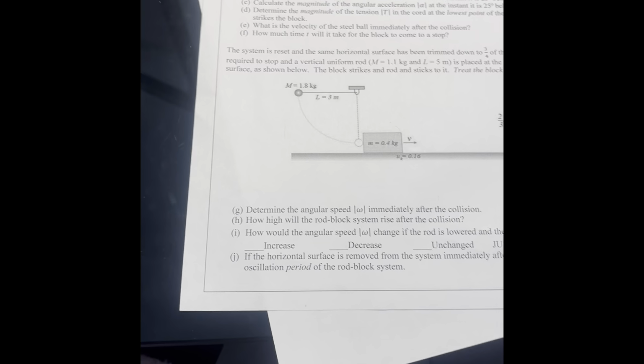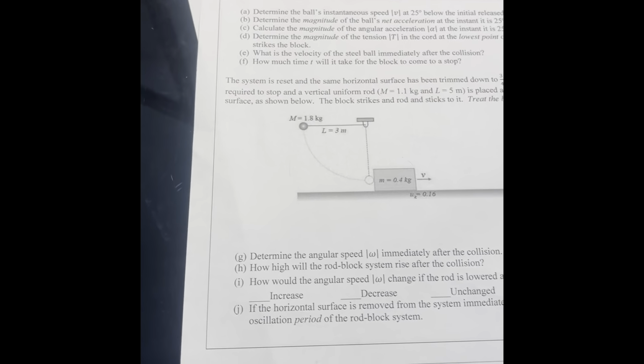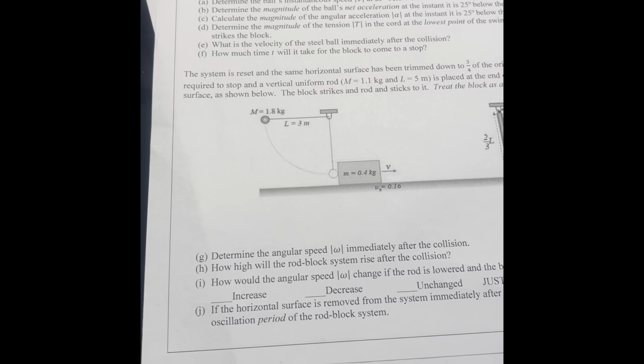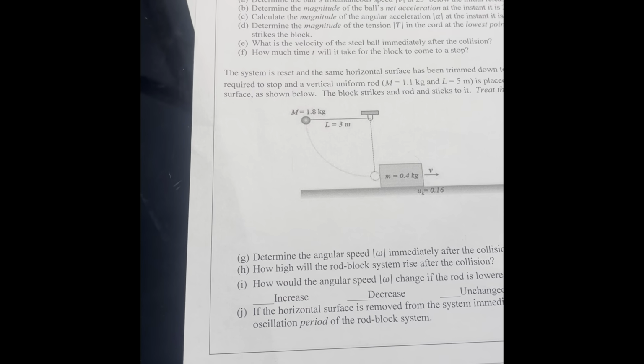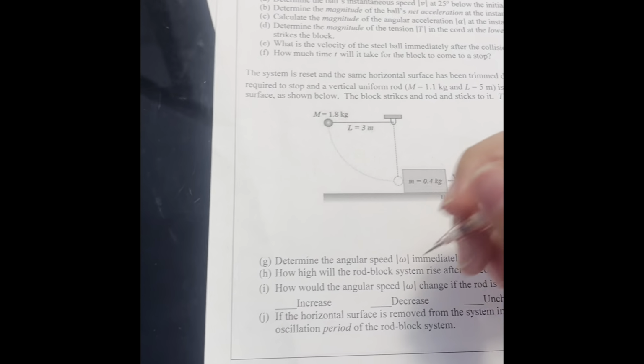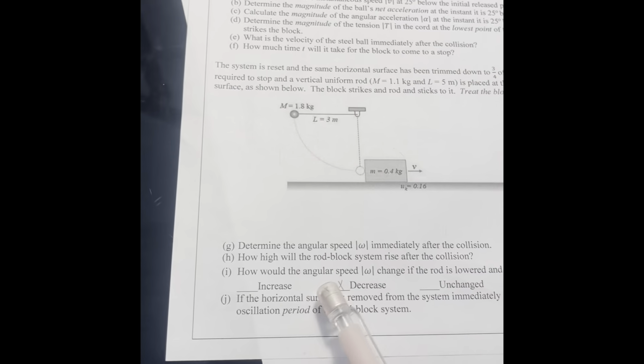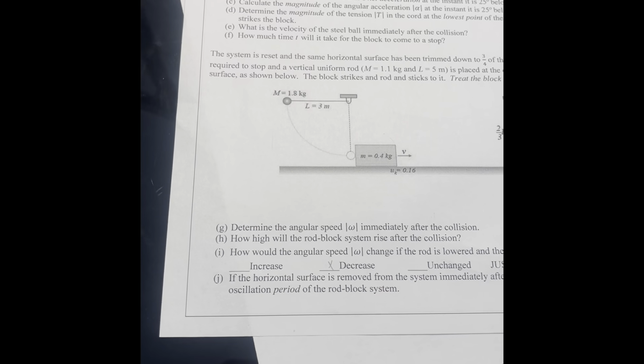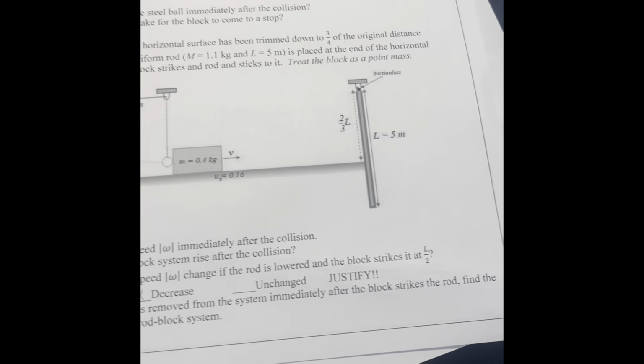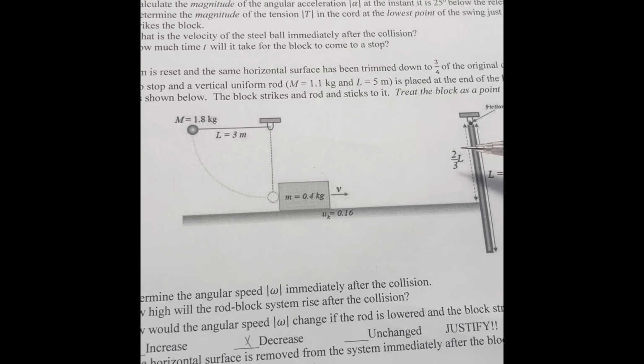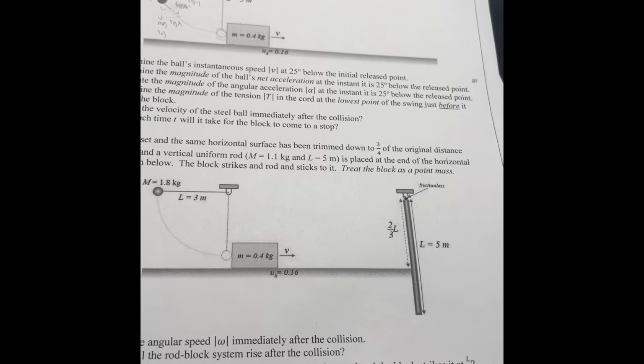Okay, so for part I, the angular speed of the rod block system would decrease. So the angular speed would decrease if the rod is lowered and the block strikes it at L/2 instead of 2/3 L, because, okay, so I first thought of this as torque.